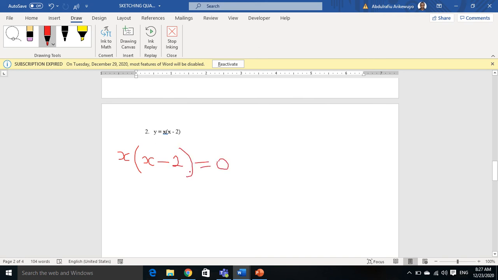That means that my x is equal to 0, and my x minus 2 is equal to 0. This means that x is equal to 2, because if I take minus 2 to the other side, I have my x to be equal to 2.